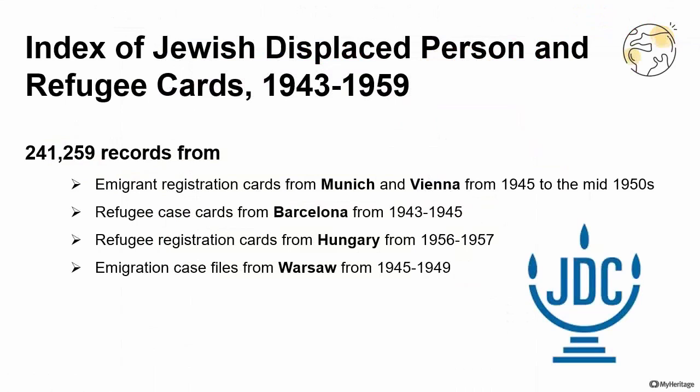This is after World War II, and all these cards are coming from the JDC, also known as the Joint, and this organization helped a lot of survivors and a lot of Jews displaced or refugees after the Holocaust and after the war to move through different countries. And you will find over there a lot of information and a lot of people.